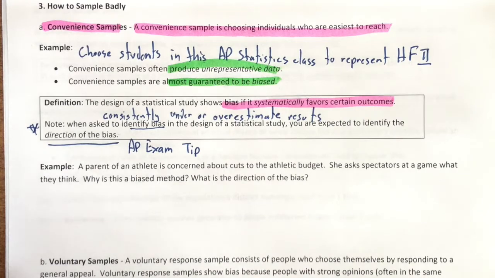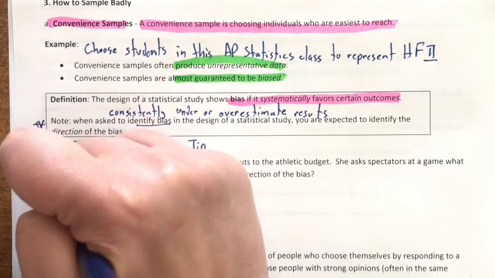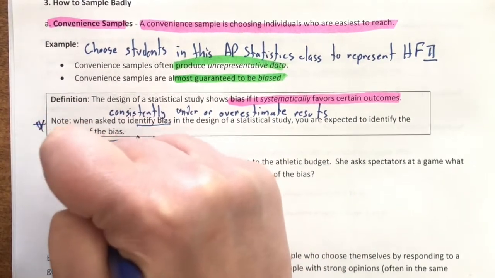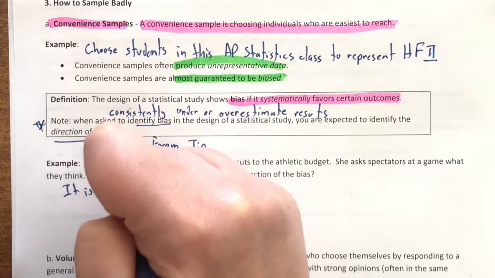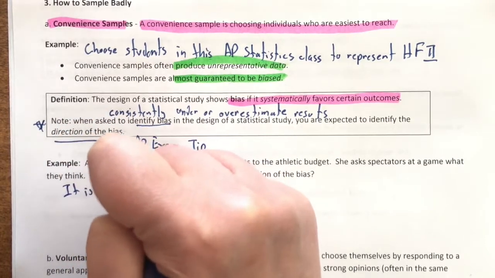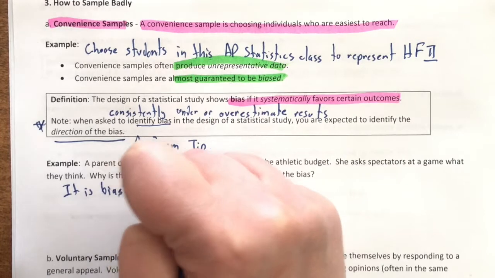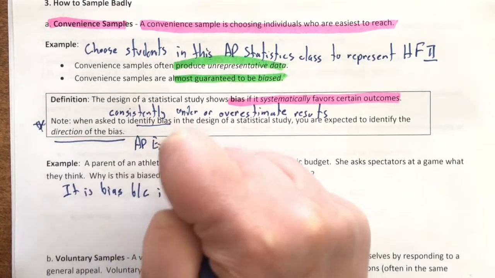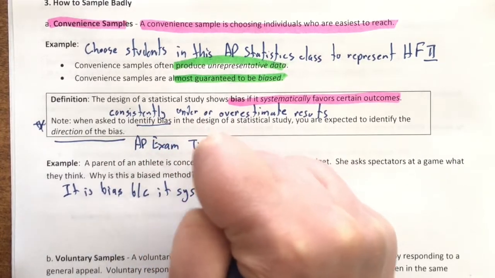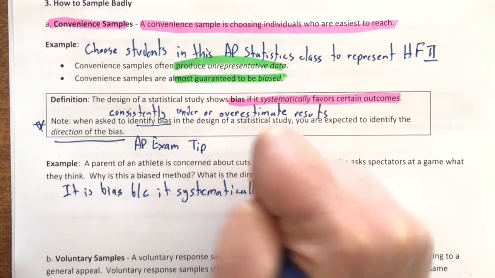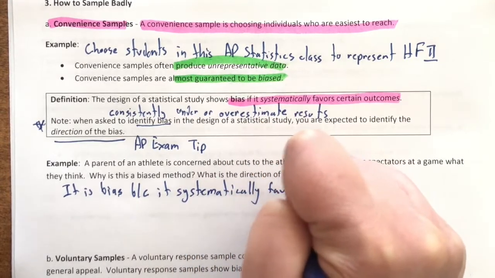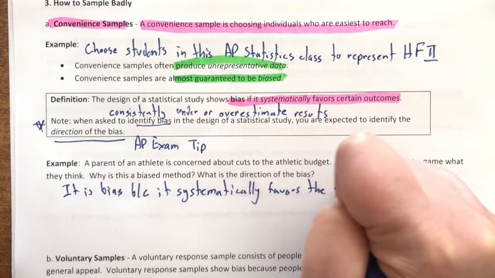So why is this a biased method? It is biased because it systematically favors the same outcome.